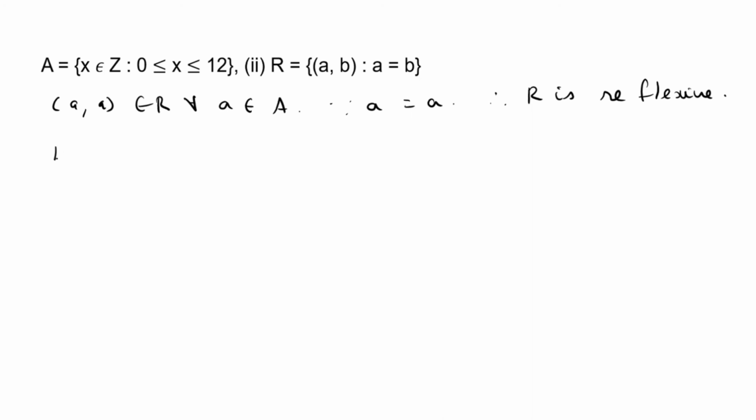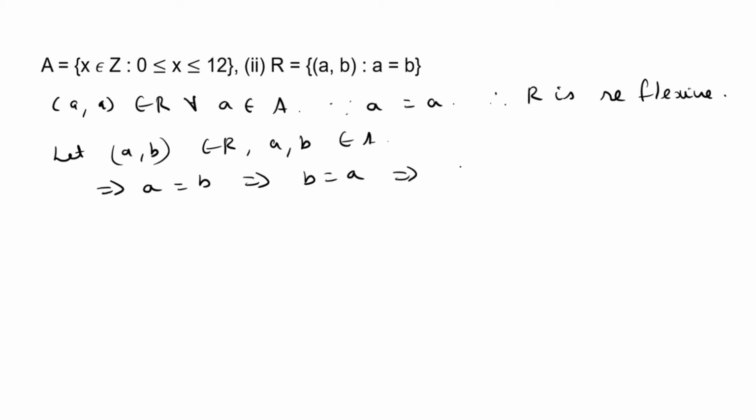Then let (a, b) belong to R, where a, b belong to A. If (a, b) belongs to R, it means a = b. If a is equal to b, then b is also equal to a, which implies (b, a) belongs to R. Therefore, R is symmetric.